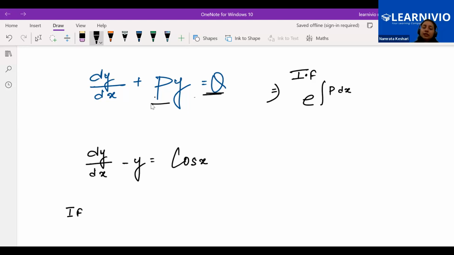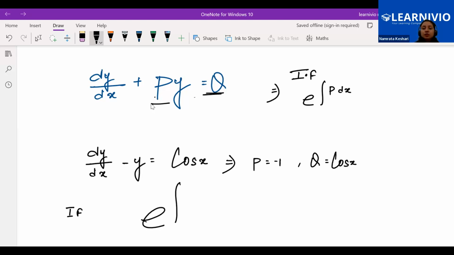So at first here we will find the integrating factor. Can you tell me what the integrating factor is? E to the power. What is P? What is Q? First tell me from here. P is minus y, Q is cos x. Is it minus y or minus 1? Minus 1. And Q is cos x.